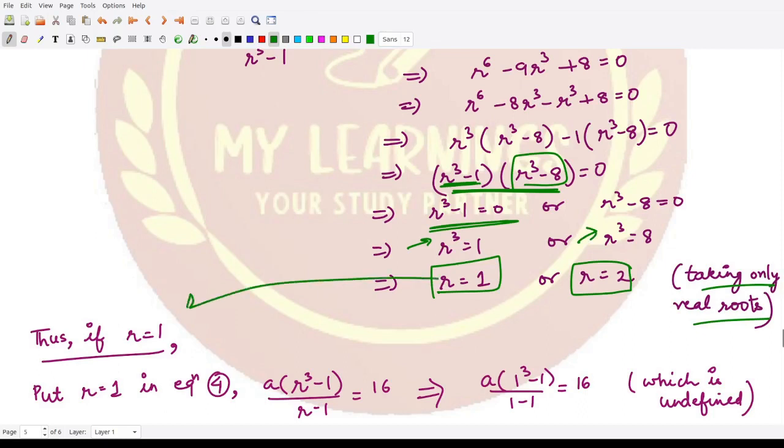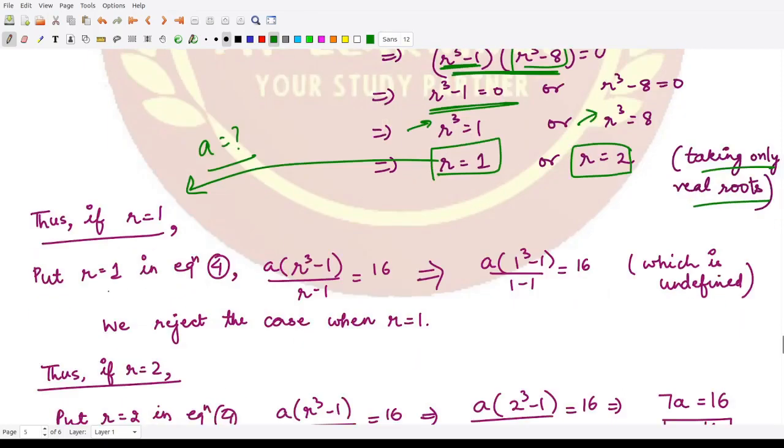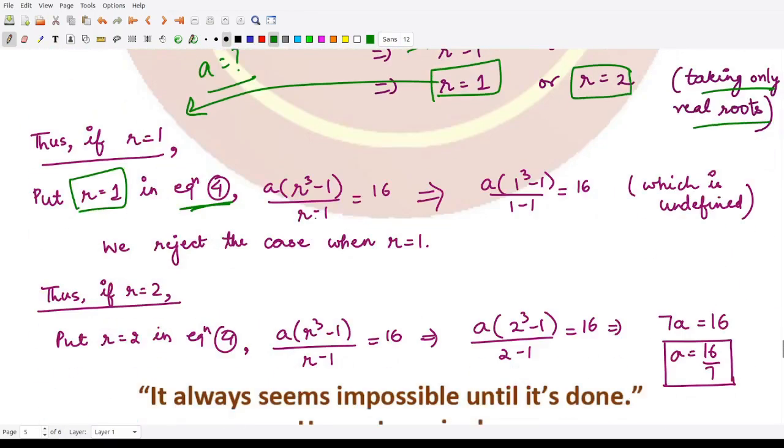When r is equal to 1, we need to calculate now what is a, right? So for calculating the value of a, we put the value of r is equal to 1 in our equation number 4. Now our equation number 4 was this. So in place of r we will write 1. So what do we have? We have a into r cube minus 1 divided by r minus 1 is equal to 16.